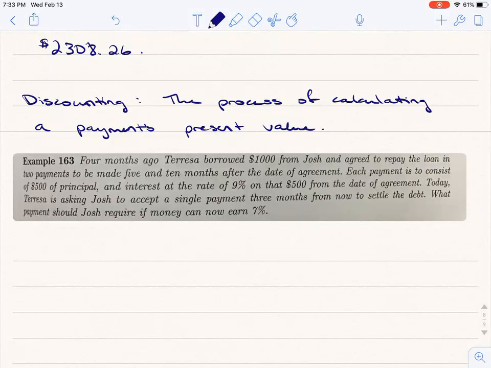She's going to pay it back in 5 and 10 months. Each payment is to consist of $500 of principal and the interest at the rate of 9% on that $500 from the date of the agreement, right? And so because she's paying $500 plus interest at different time points, right? There's going to be a different amount of interest.